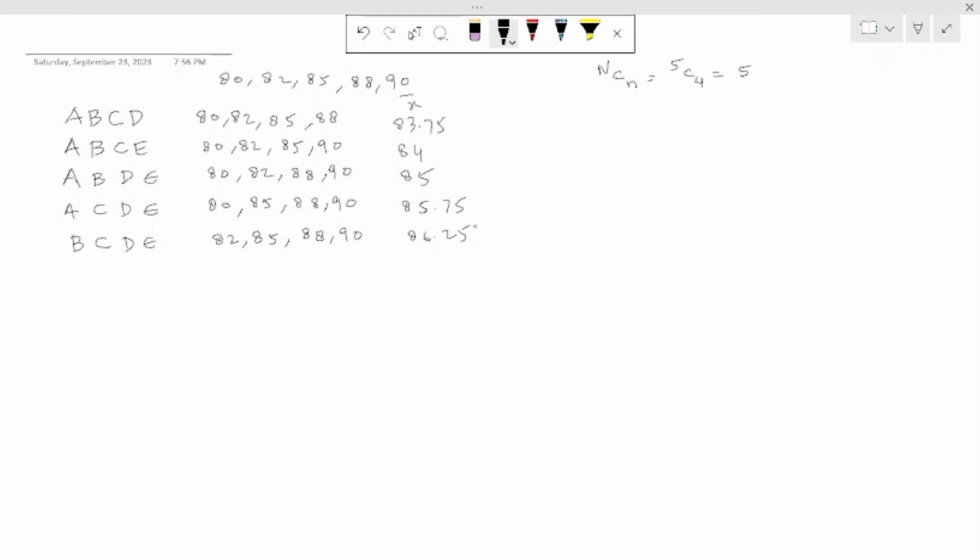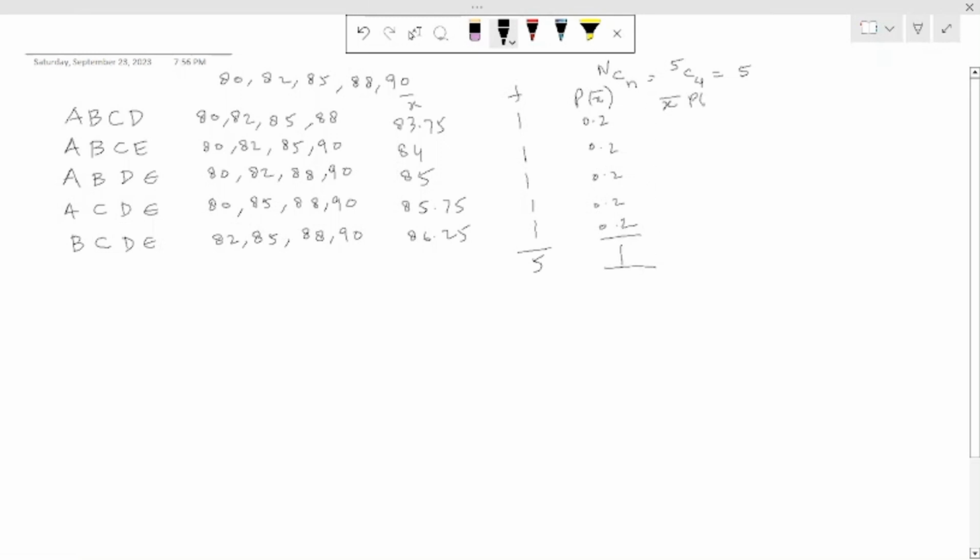Yes, 86.75. Now when we tally the frequencies are all 1. The sum is 5. And when we transform it to probabilities, each probability value is 0.2, which is 1 on 5. And the sum is 1.